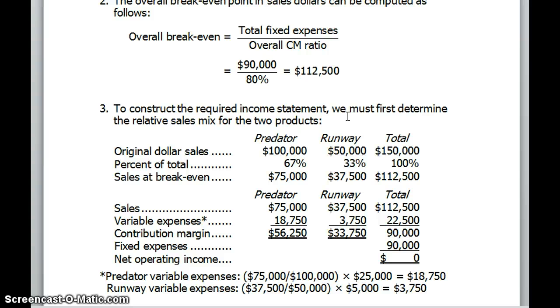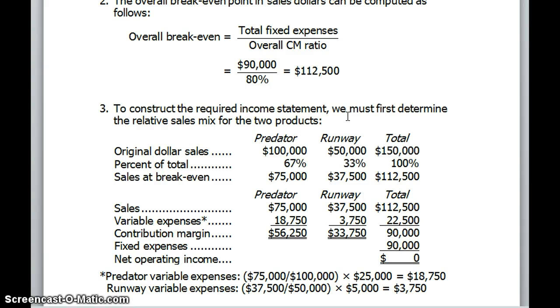We then take that sales mix percentage and multiply it by the break-even sales dollars we found in part 2. We found that in order to break even, we need $112,500 of sales revenue. But we also need to have that sales revenue in the sales mix of 67% Predator, 33% Runway.